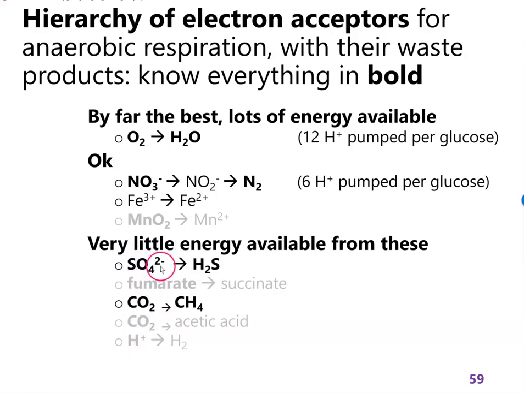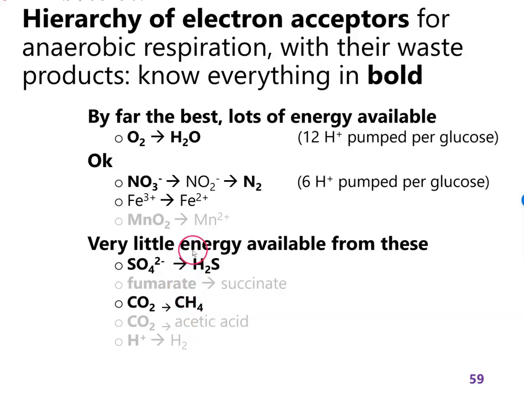So sulfate is present in the environment in many places, and it's very common for it to be used, but only after oxygen and nitrate are used. Carbon dioxide is ubiquitous in the environment, and it gets used if none of these are available. And so in places with very little oxygen, that's when we see hydrogen sulfide and methane.